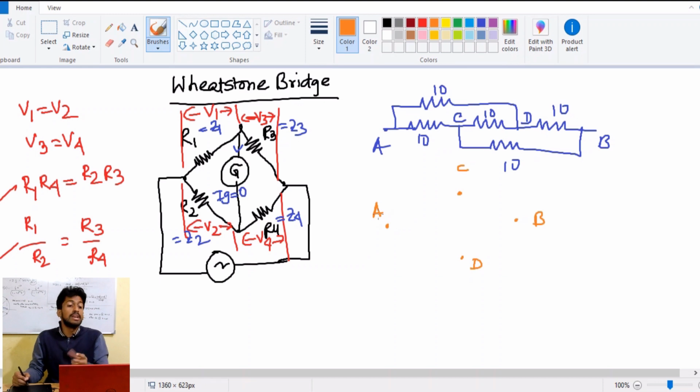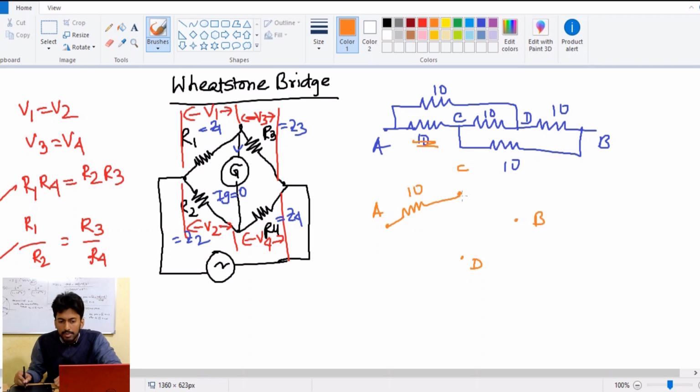We are not going to say where the current is going and where it is not. We are just going to take the resistances out of the circuit and redesign the circuit in this manner. Now we can see that between A and C there is a resistance of 10 ohms, so we draw it here.